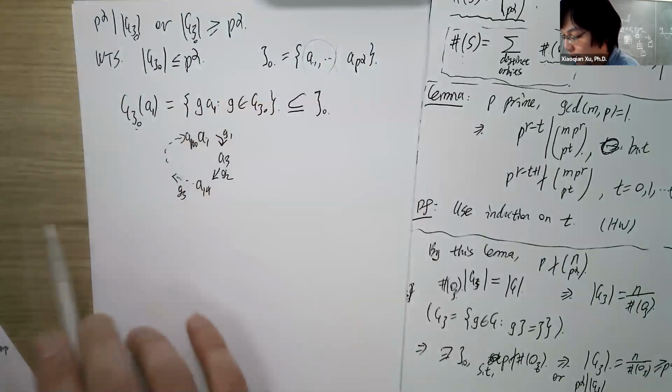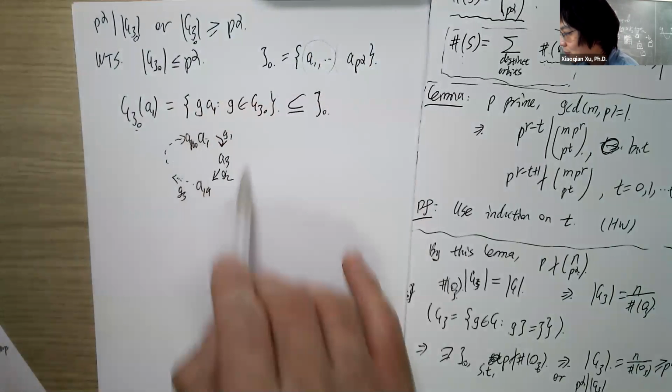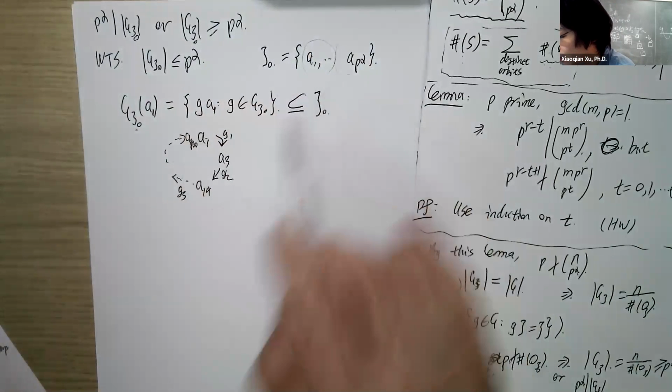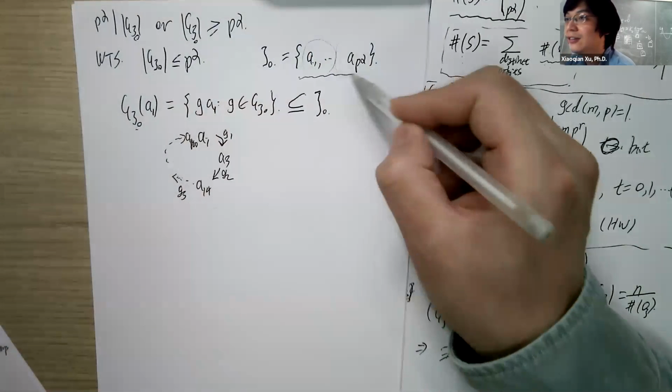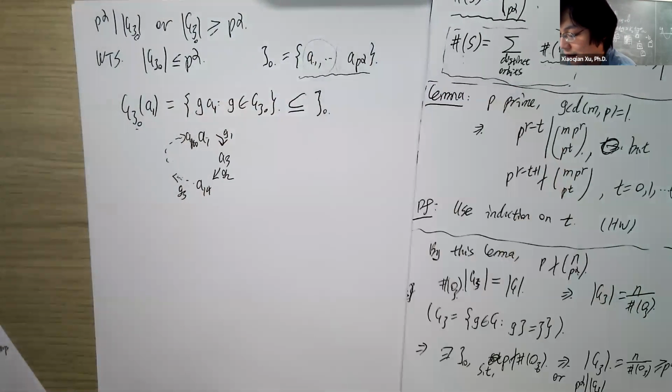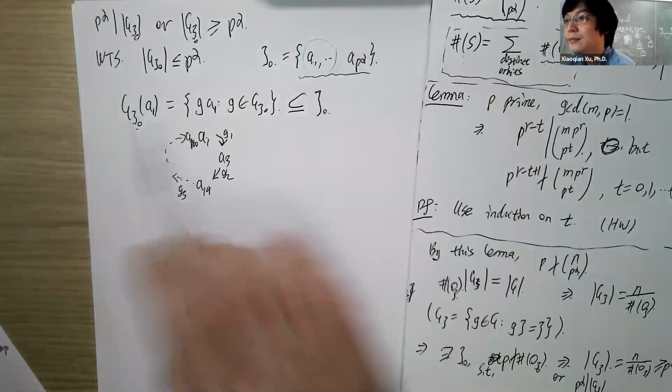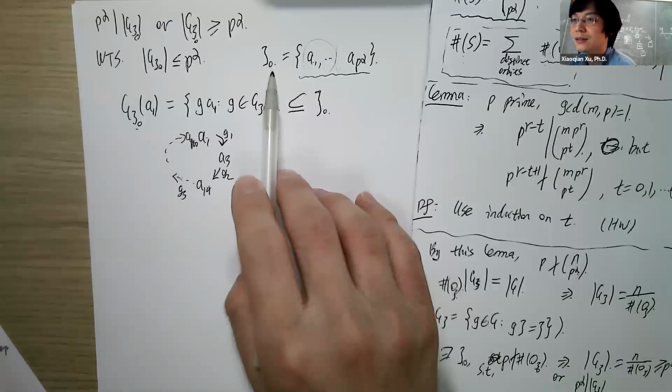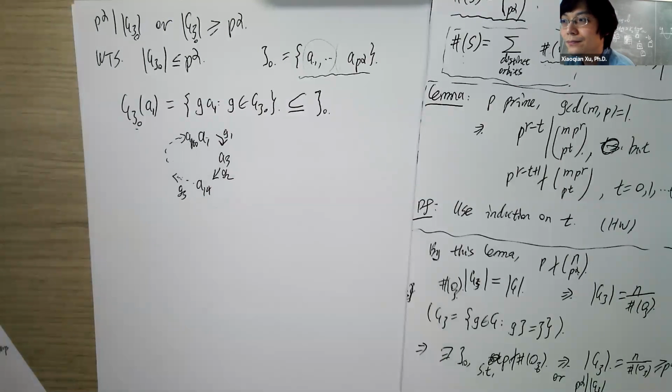Whatever it is, it will all be a subset of this C0 because your G is a stabilizer of C0. GC0 times C0 is always C0. Is that clear?